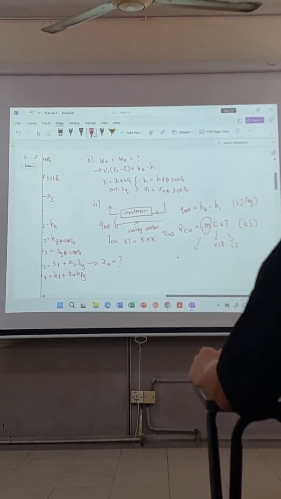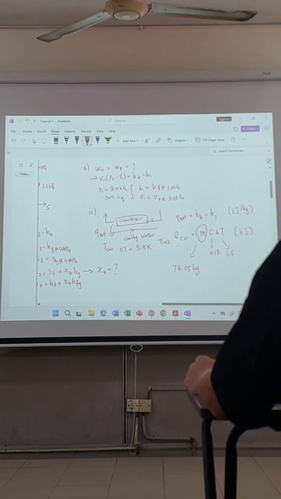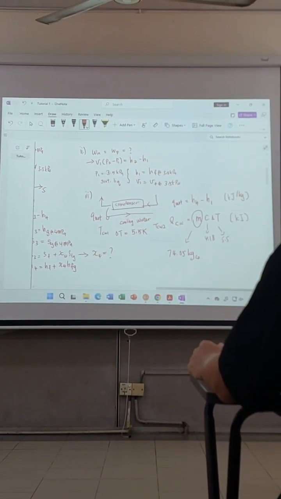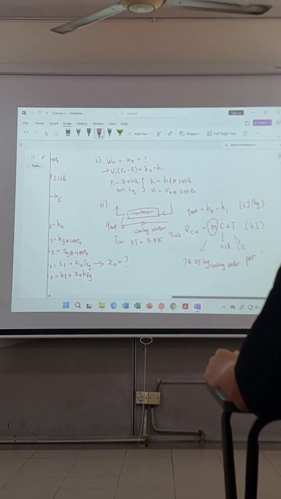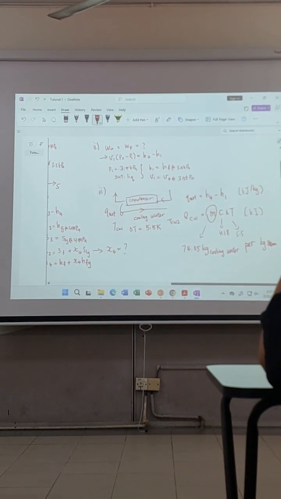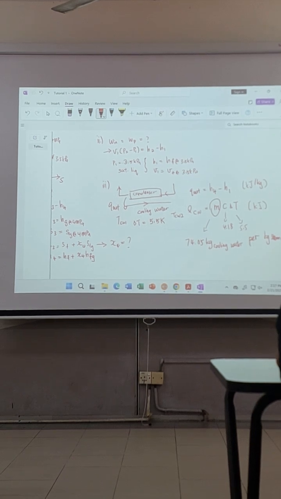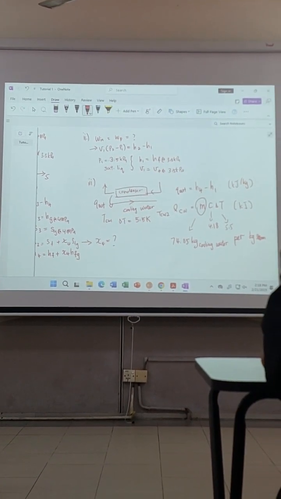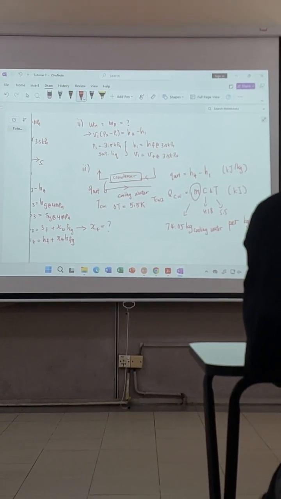If you calculate, you will get this answer, if you use the small q. So cooling water per kilogram of steam: for every kilogram of steam that passes through the cycle, you will need 74 kilograms of cooling water. That's what it is.